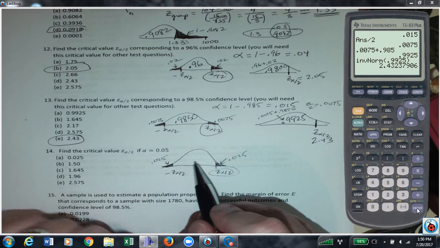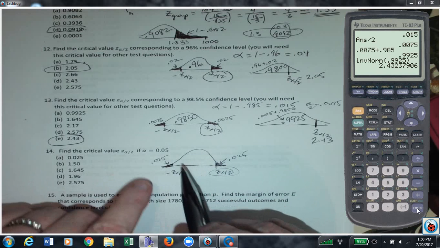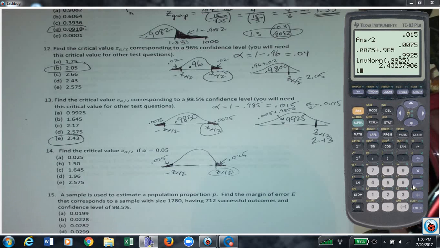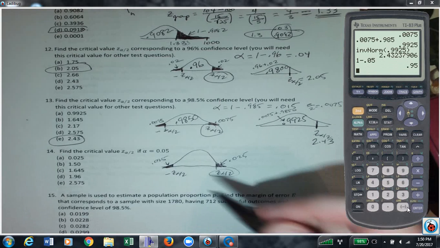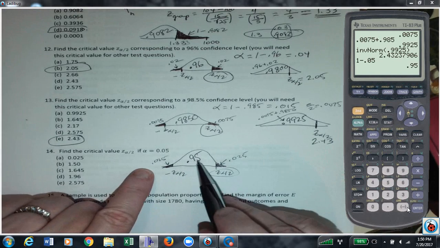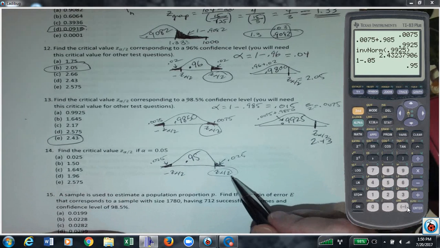And the unshaded area in the center is going to be 1 minus alpha. Okay, so when I add those up, I should get 1. This is the guy I need to find.